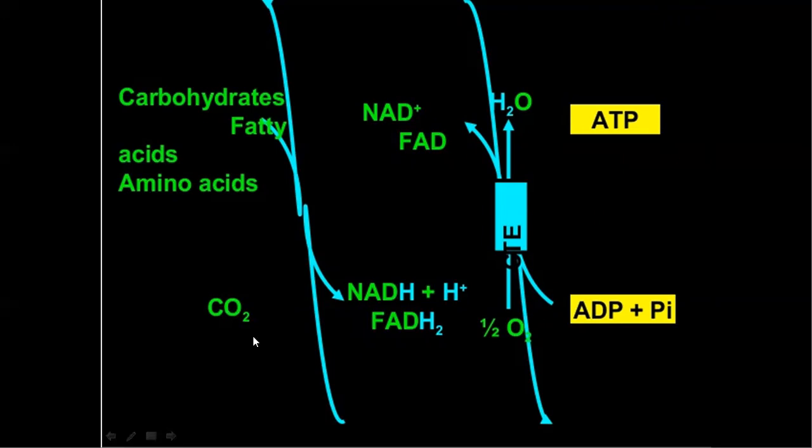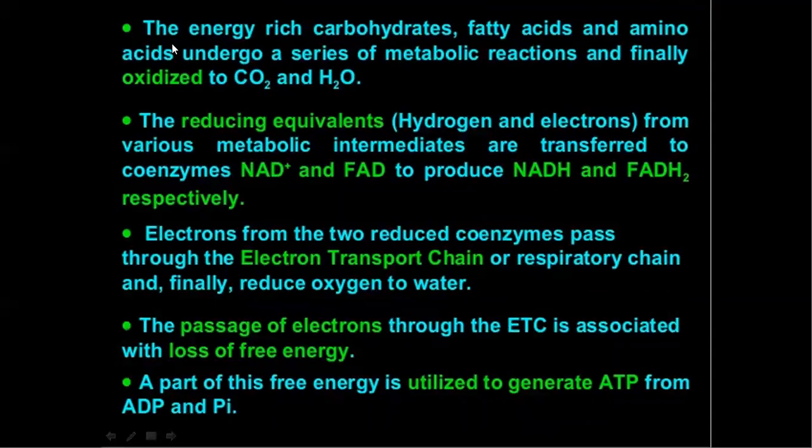This is due to the formation of NADH by the oxidation of these compounds. Energy-rich compounds like carbohydrates, fatty acids, amino acids are oxidized to form carbon dioxide and water. When these compounds are oxidized, they produce some hydrogen and electrons, which attach with NAD and FAD.